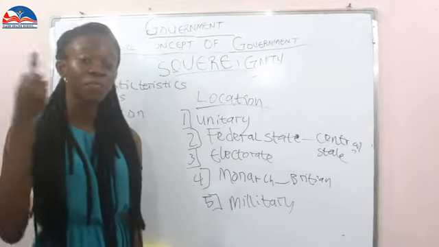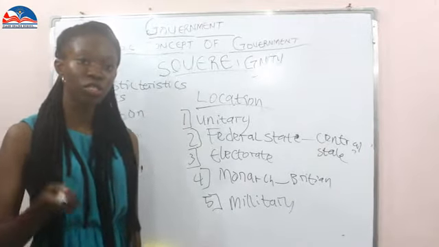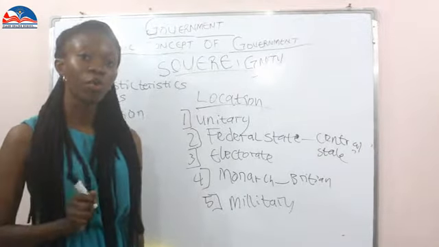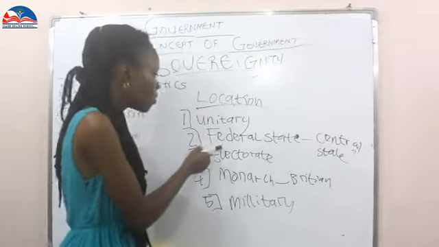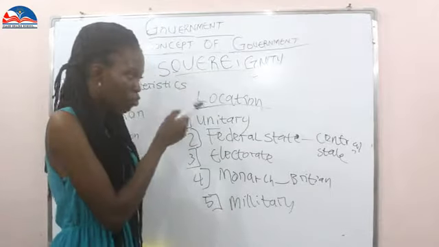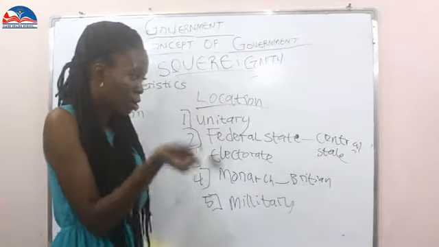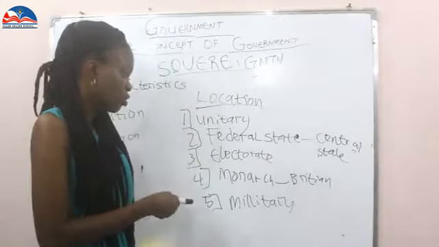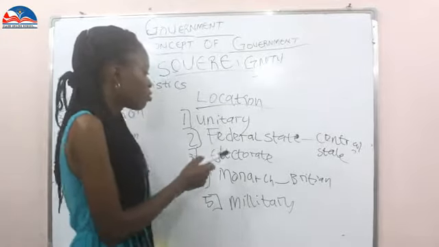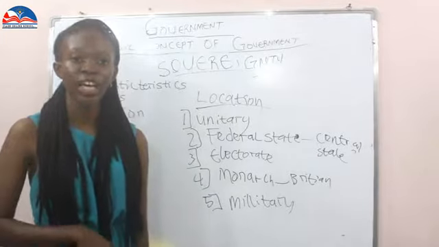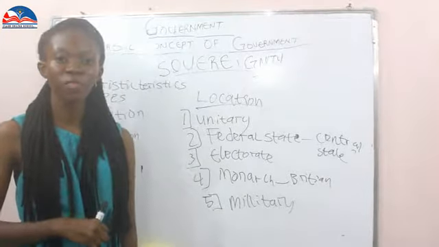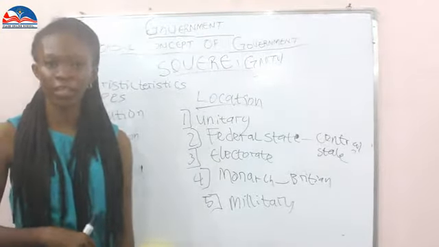Like I said, this system of government is traced to the one who bears the supreme power. So after using the federal system of government, we trace it to the central government who bears the authority. Then number 3, we said electorate. According to AV Dicey, power of sovereignty is also vested on the electorate.